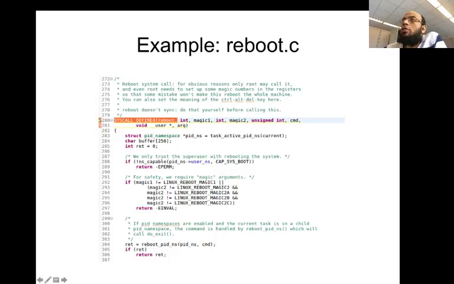And you see, for many of the system calls you'll find very detailed commentary from the developers who developed the system call, which can guide you to what it actually does. So reboot.c has the SYSCALL_DEFINE reboot, which takes four inputs.